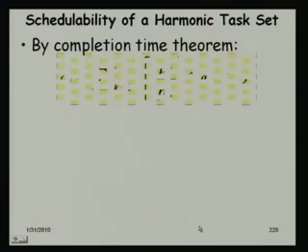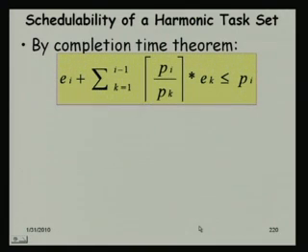Please think about what the reason is. We will show it more formally in the next hour, why less than 100% is a sufficient condition for a harmonic set of tasks. So, we will stop here, we will continue in the next class.